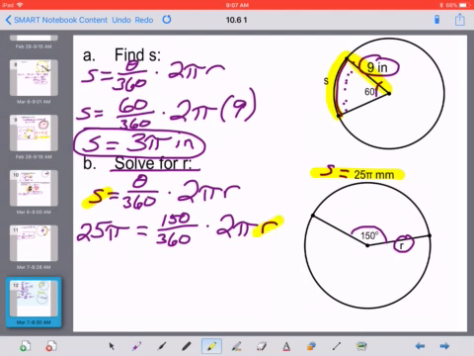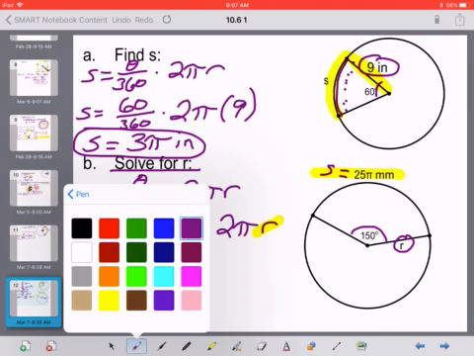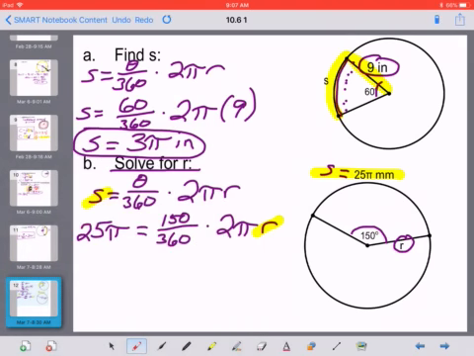This one is a little bit more complicated than what we had before. Probably the very first thing I would try to do in attempting to simplify this is to notice that there's a factor of pi on both sides. So the first thing I would do is divide both sides of this equation by 2 pi. That might make things a little easier. The 2 pi cancels with that 2 pi.